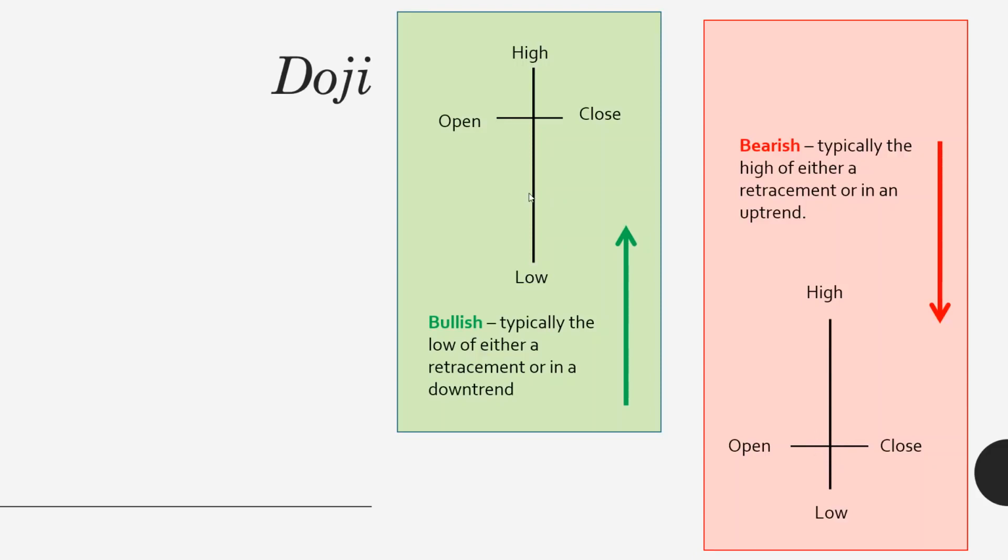Also notice that these do not have a body, okay? That's what makes it a doji. The open equals the close, therefore there is no body. A bullish doji typically indicates that the next bar will go up, whereas a bearish doji indicates that the next bar will go down.